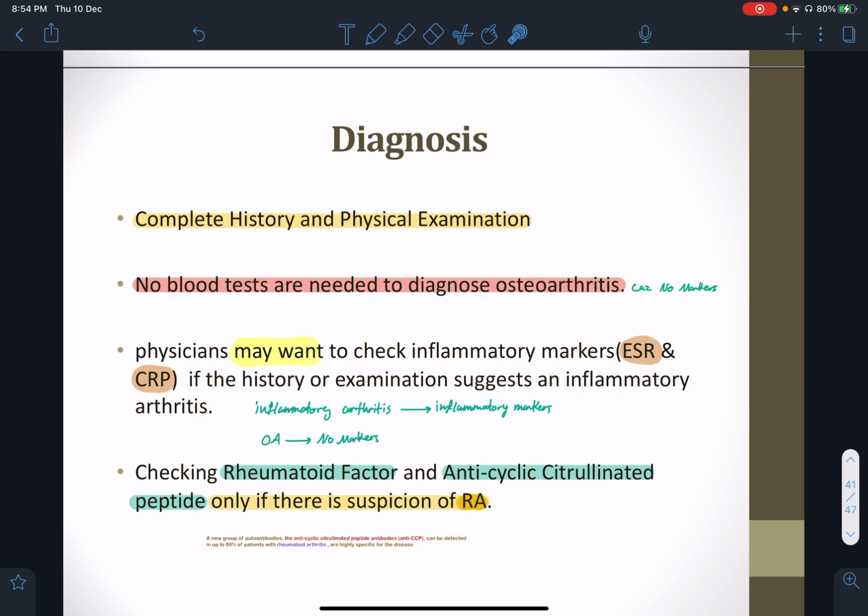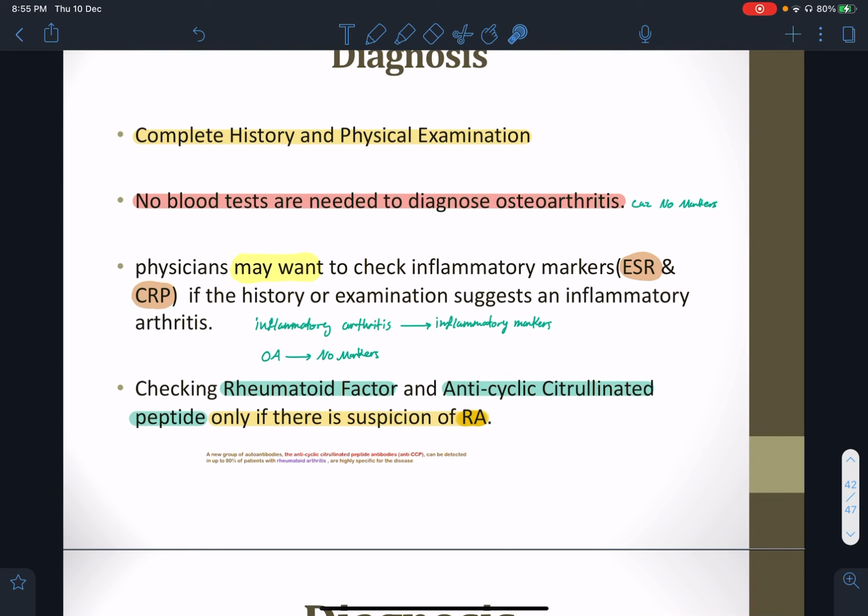Blood tests are not needed unless you have to, because the patient may have septic arthritis. If you notice an acute onset of pain, physicians may want to check the inflammatory markers like erythrocyte sedimentation rate and CRP. These are known markers that show the patient has concomitant inflammation.